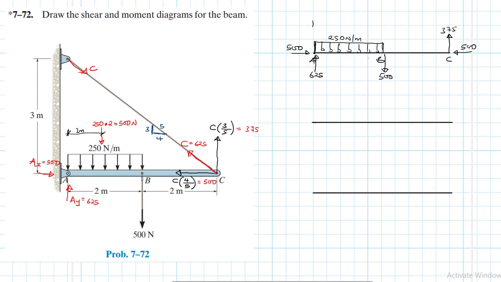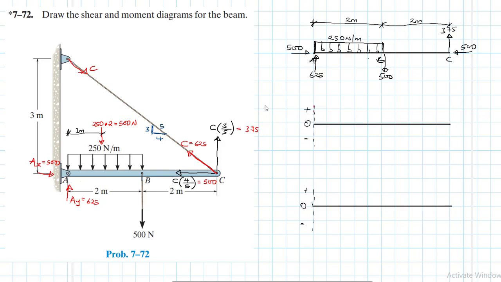This is from there to there, so this is 2 meters. This is 2 meters. So plus and minus. We have plus and minus.